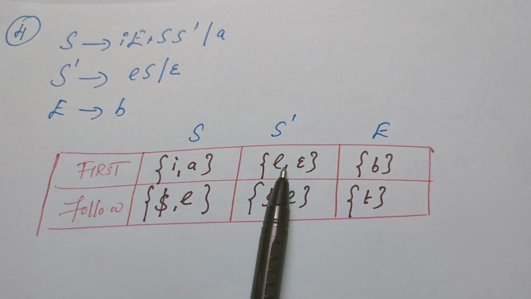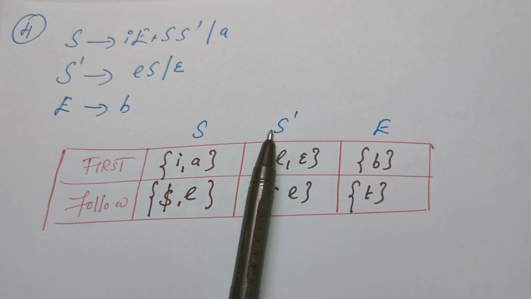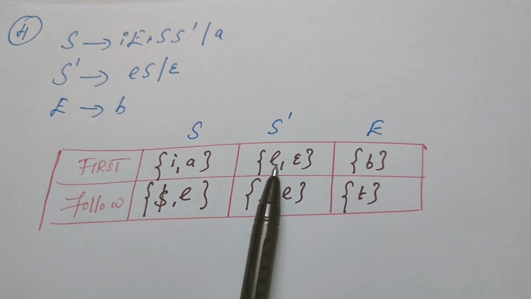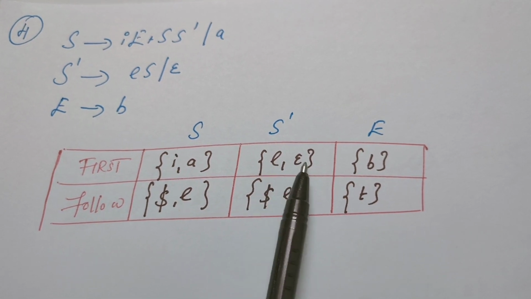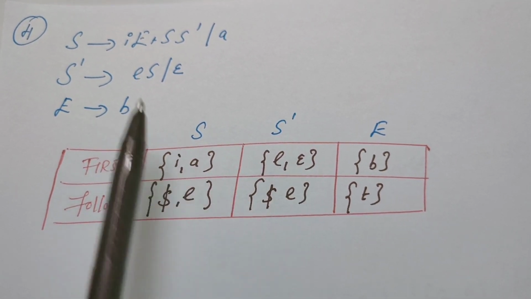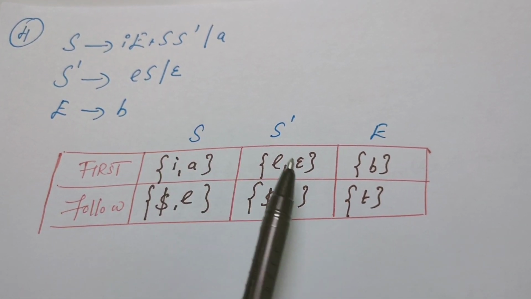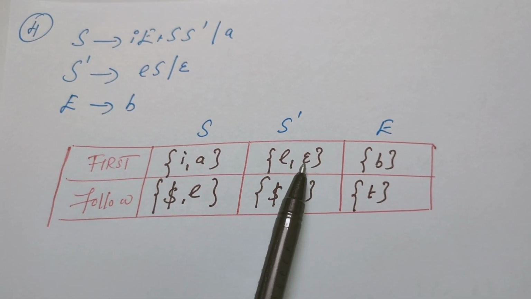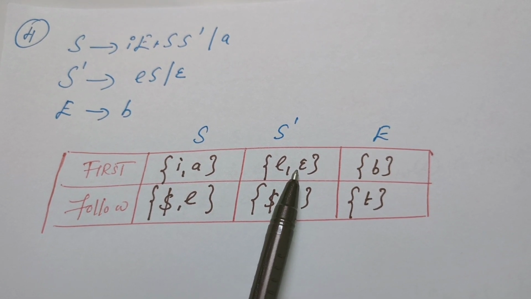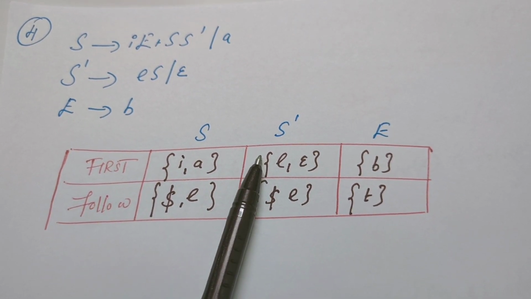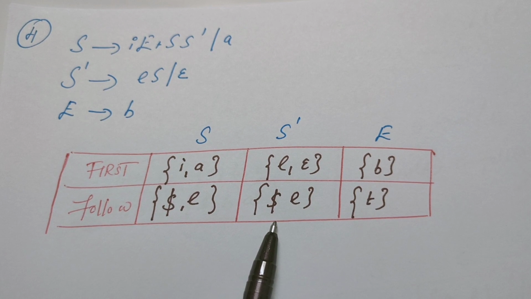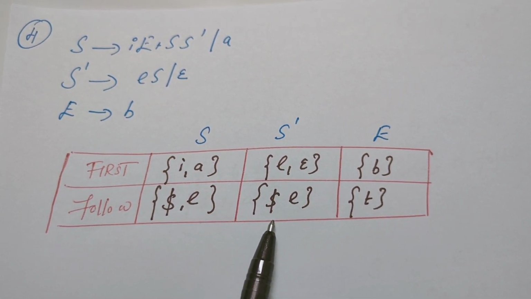Now we go for the variable S dash. For S dash, there are two symbols, right? When you find the first set, one is epsilon. So first of alpha is E, whereas first of beta is epsilon. If first of beta is epsilon, what do you need to find? First of alpha intersection follow of A should be null.